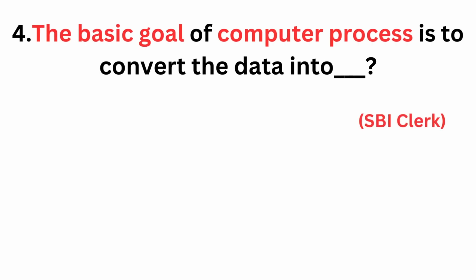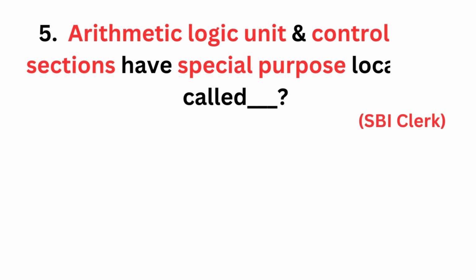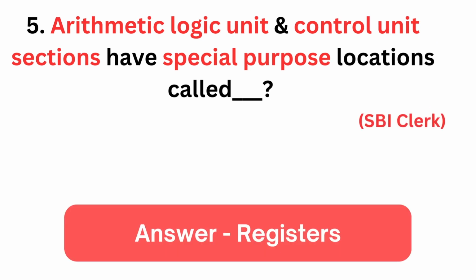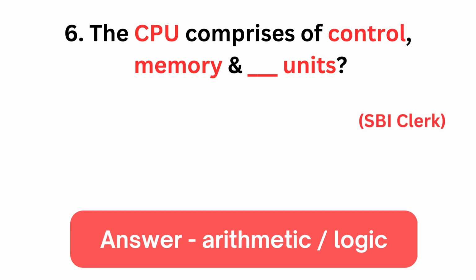The basic goal of computer process is to convert the data into what? Information. Arithmetic logic unit and control unit sections have special purpose locations called what? Registers. The CPU comprises of control, memory, and what units? Arithmetic logic.